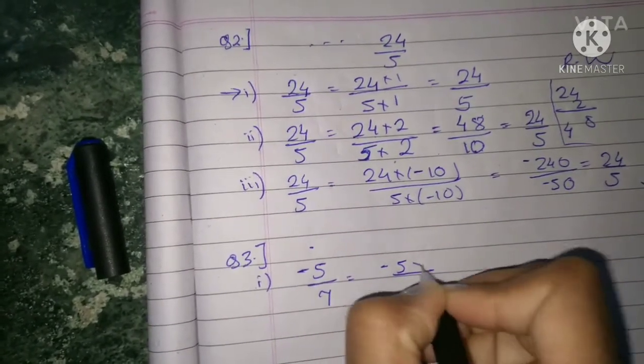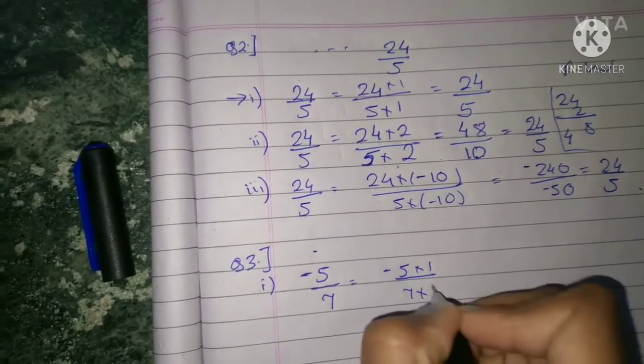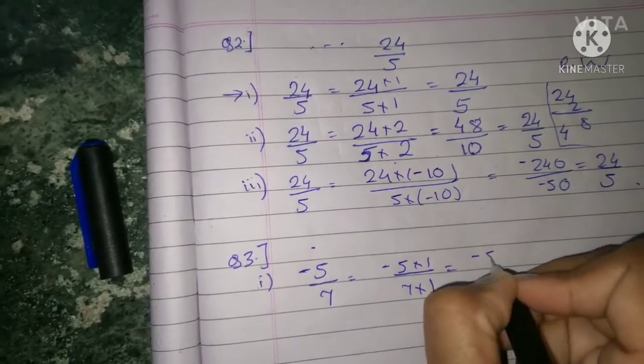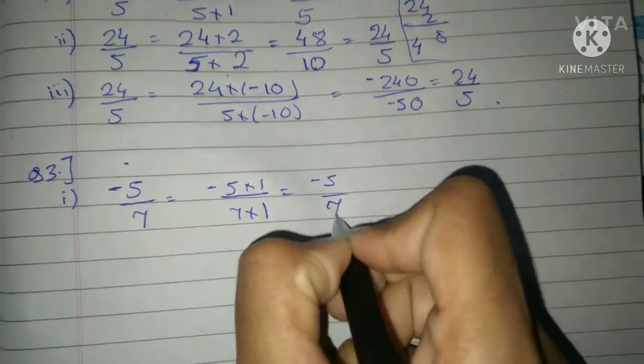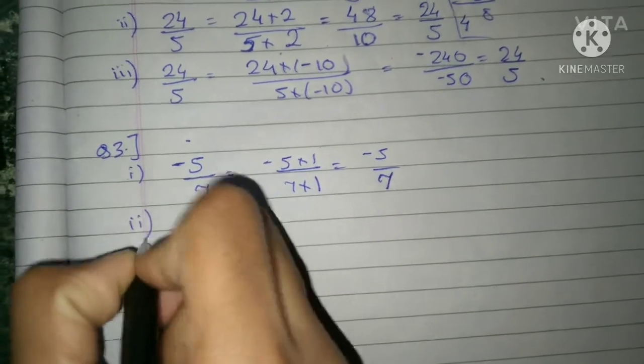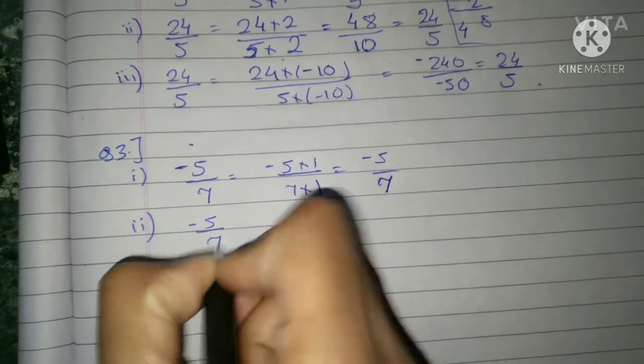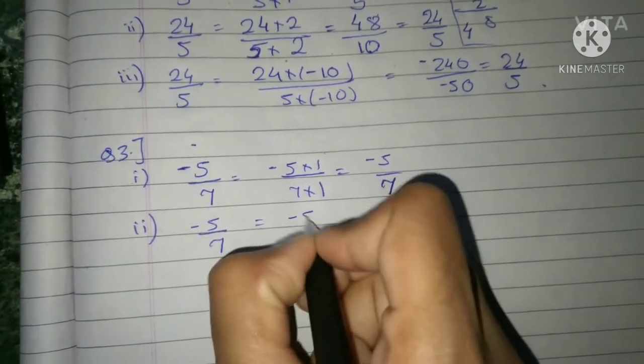We will multiply it by 1. Minus 5 upon 7.